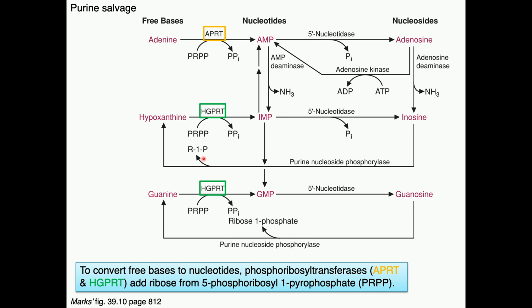When you take the ribose sugar off of the nucleoside, you're left with the base, and the base can be a substrate for the phosphoribosyl transferase enzyme to make the nucleotide again. Okay, so we don't have an inosine kinase or a guanosine kinase, so that requires them to go through this circuitous pathway of first removing the ribose sugar and then adding the ribose sugar from the PRPP.